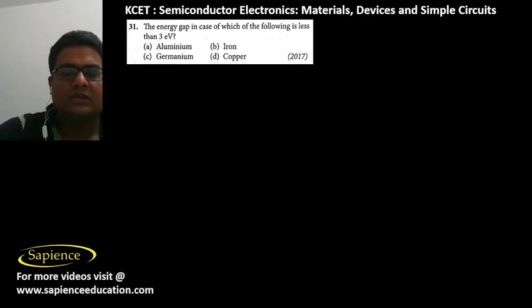And in question number 31, it asks the energy gap in case of which of the following is less than 3 electron volt.